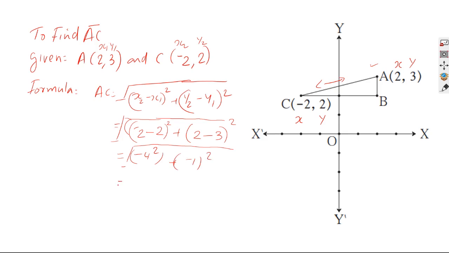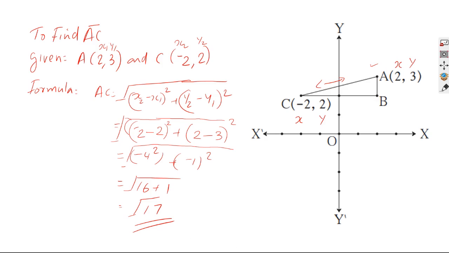So in that case, -4 whole square is equal to 16, plus 1, irrespective of the sign inside. This will end up in the situation root of 17. This is the distance of AC. Okay, this you should keep in your mind.